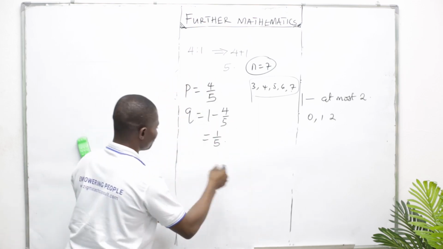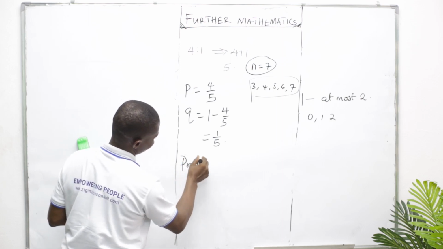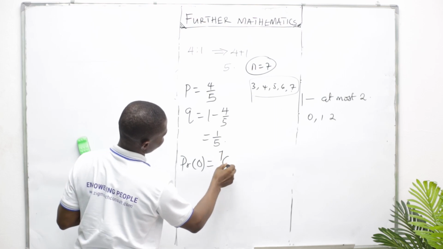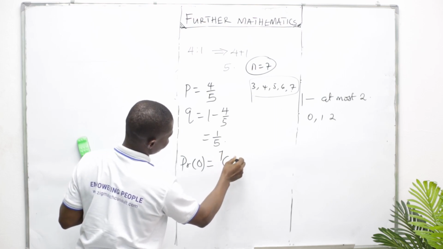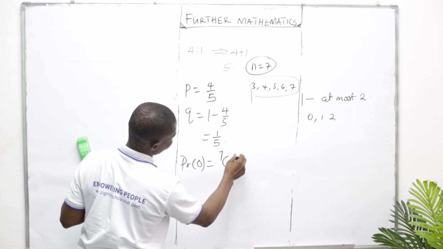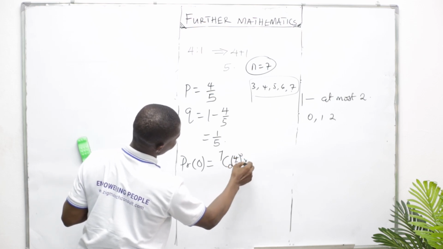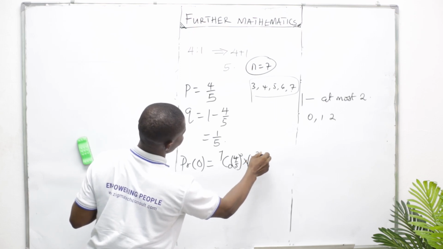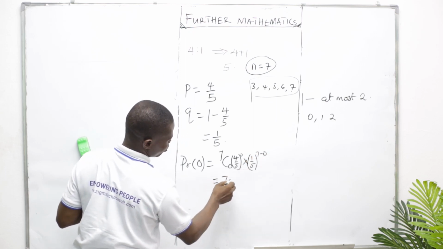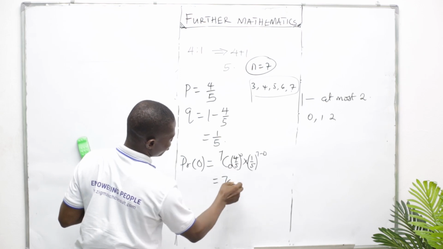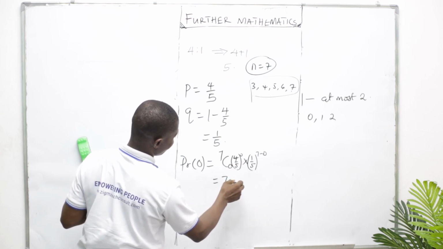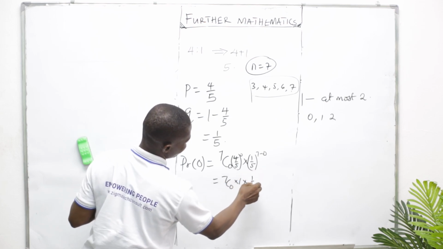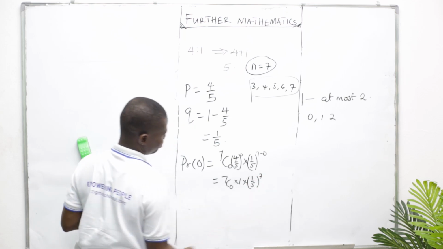So for probability of 0, Pr of 0 equals what? 7 combination 0, 4/5 power 0 times 1/5 power what? 7 minus 0. This is what? 7 combination 0. 4/5 raised to power 0 is 1. Then this is 1/5 raised to power 7.